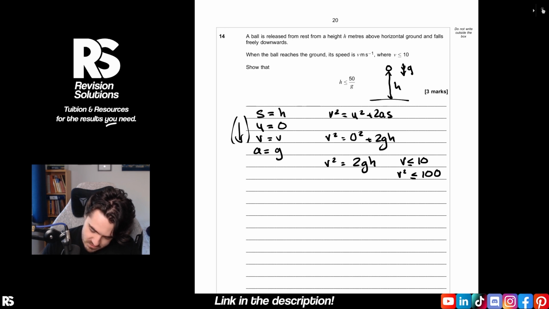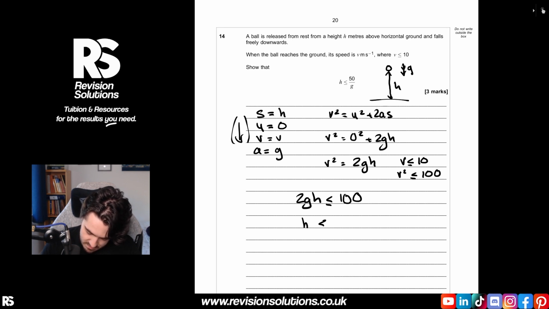So then 2gh is less than or equal to 100. Dividing everything by 2g, we'd get h is less than or equal to 100 over 2g, which would simplify down to h being less than or equal to 50 over g.